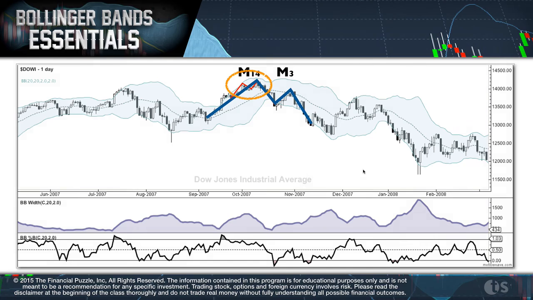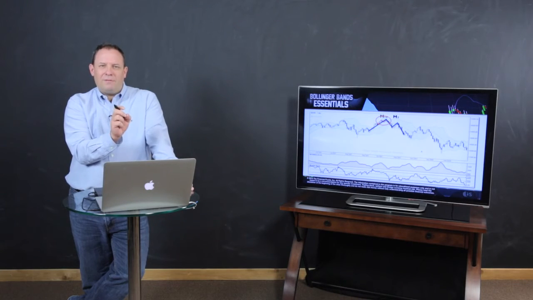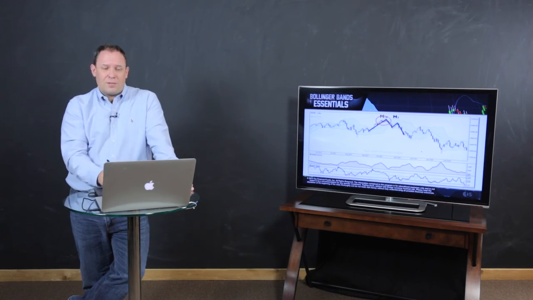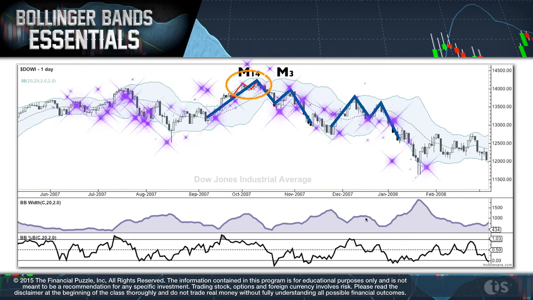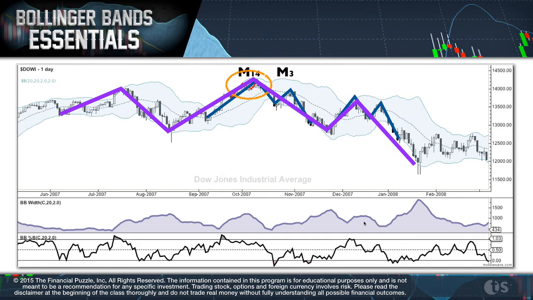So on the left peak of the larger M pattern, we had a smaller M. So on the left peak of the M13, we had an M14, and this M13, watch this, is actually followed by another M pattern, which make up the peaks of a head and shoulders formation. And of course the head and shoulders could be broken down to two M variations.